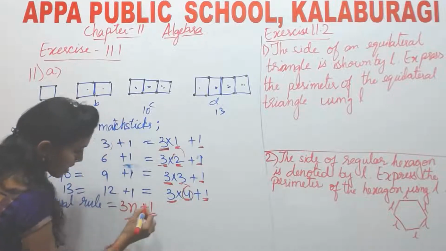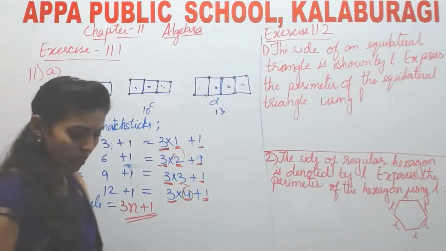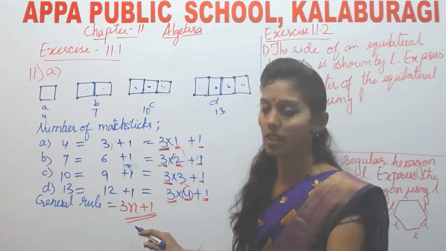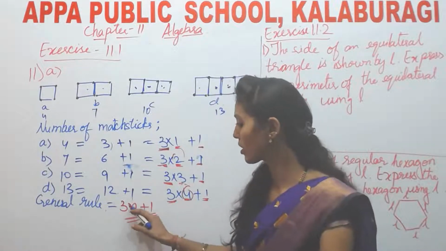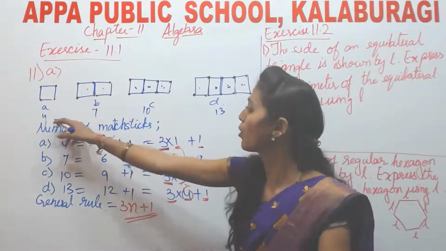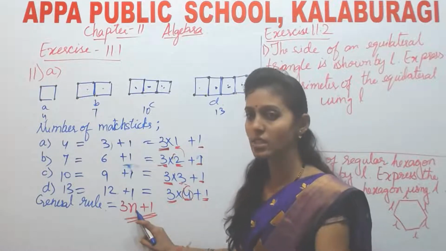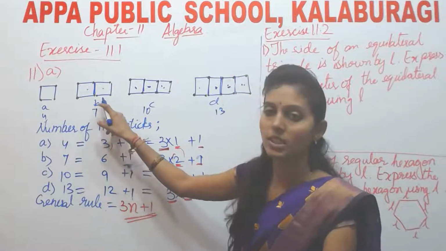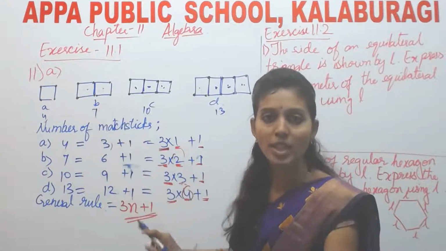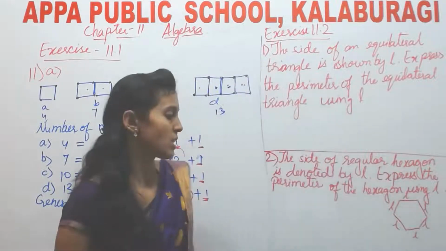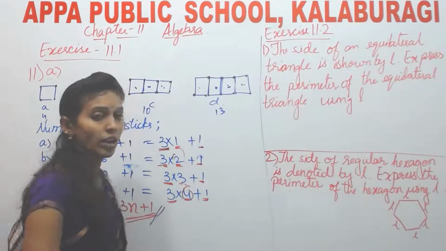Let us use n. So here n is the number of squares. 1 square, substitute 1: 3 ones are 3 plus 1, 4 matchsticks. 2 squares, 3 twos are 6 plus 1, 7 matchsticks. 3 squares. Got it. So for n number of squares, this is the rule.